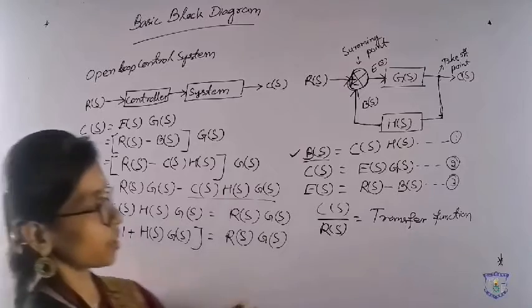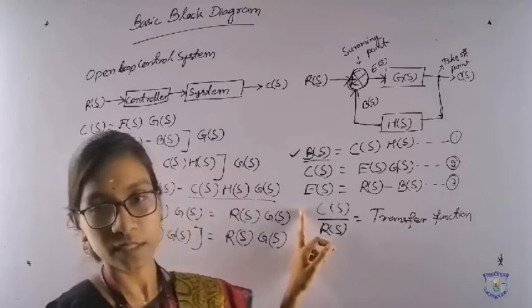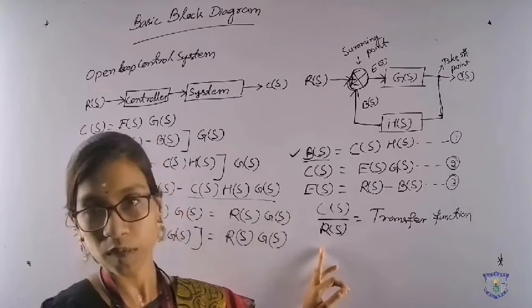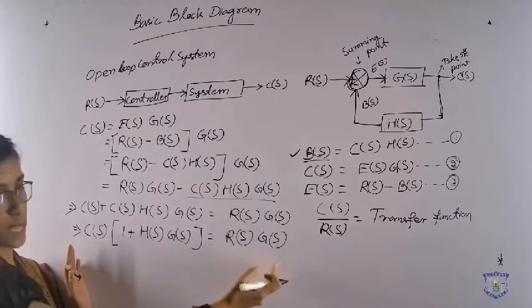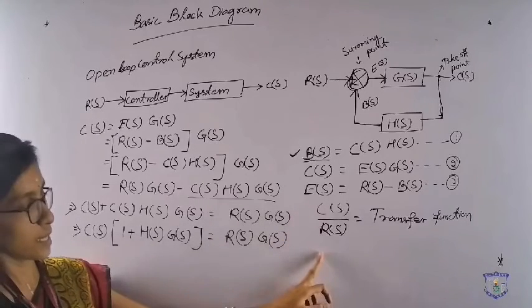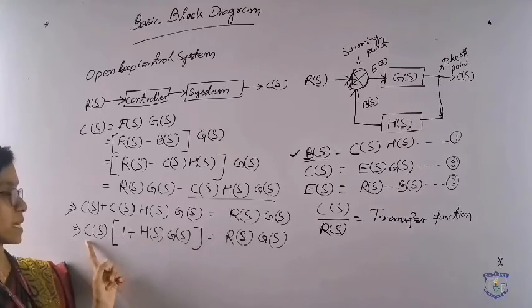Now, what is my aim? To find the transfer function, that is the ratio of output response to input response. So, look at this equation. From this equation, by rearranging, I can find this ratio. How? Because this is R(s) into G(s), here it is C(s).